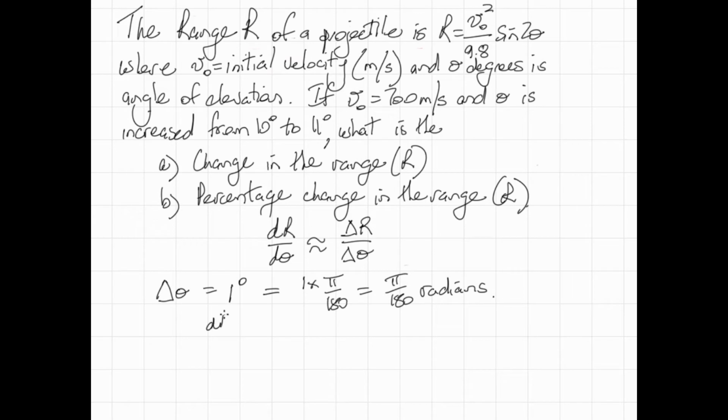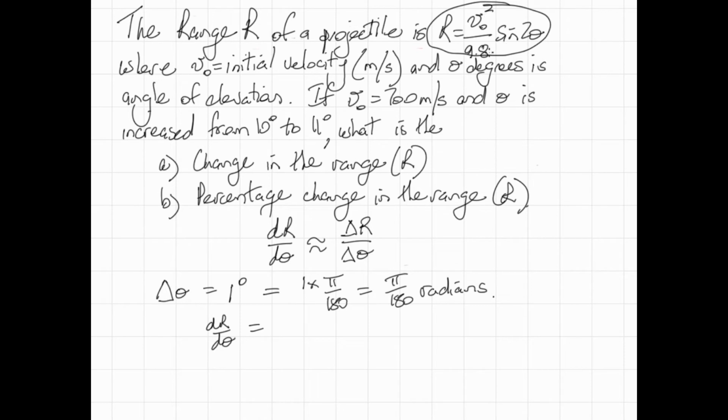So dr d theta, and we go back to our formula here for r. This is like a constant, that's 700. This is 9.8, so we just have to find the derivative of the sine of 2 theta and regard the rest as a constant at the front. So this is a chain rule problem. When we find the derivative, this is just a constant, so it'll stay at the front.